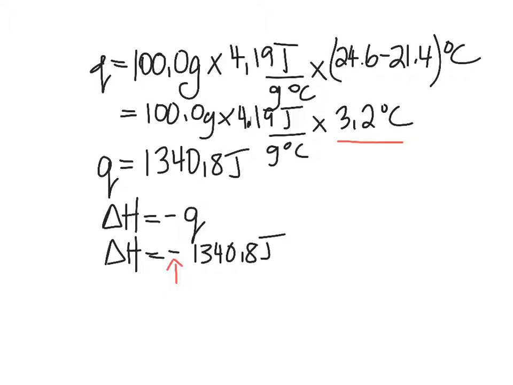So delta H is equal to n delta Hx. So we need to solve for moles of copper 2 sulfate. Concentration is moles divided by volume, so moles would be concentration times volume.